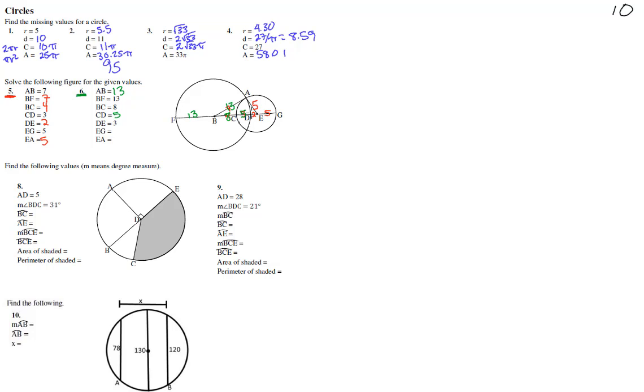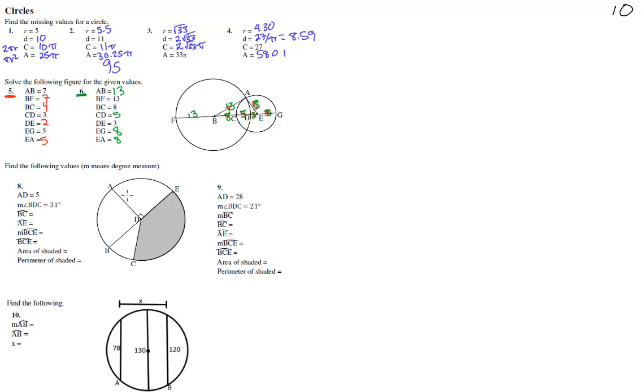DE is 3. So if this is 3 and this is 5, then this smaller radius is 8 everywhere. So that means EG and EA are both 8. So that's just practice in the radius being consistent no matter where it is and being able to use that. Good. Let's go down to number 8.